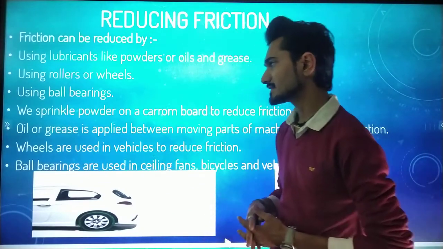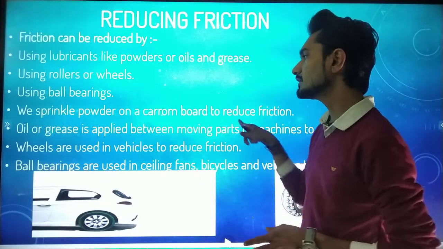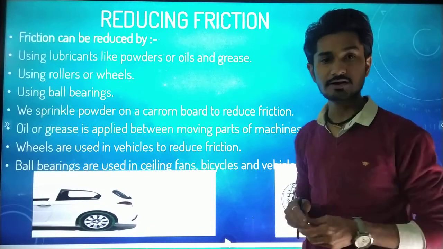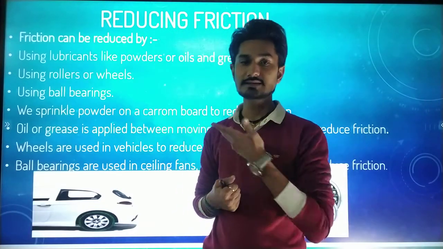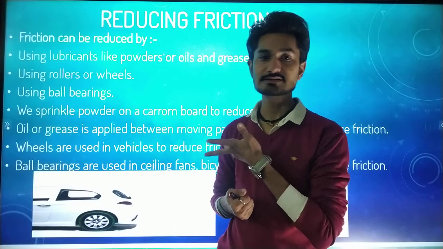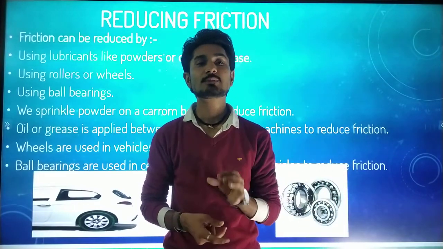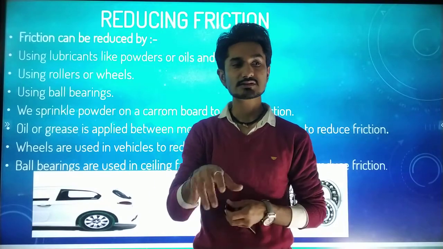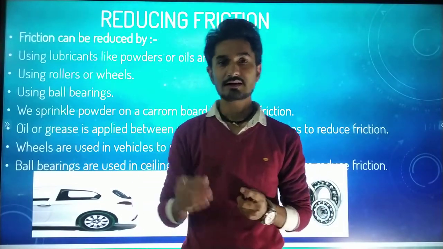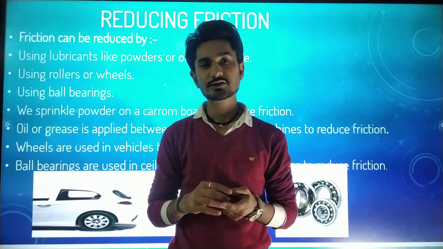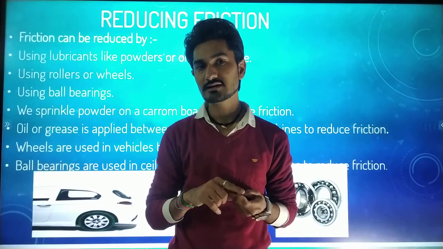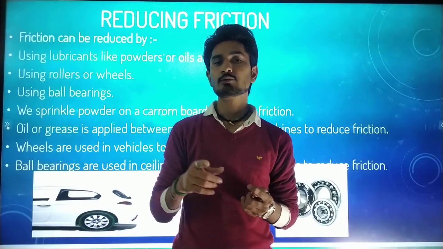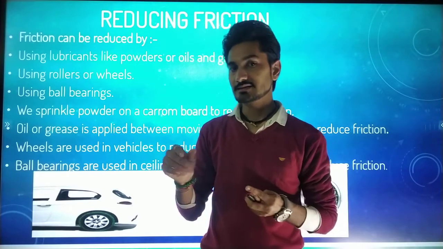Using ball bearings. If we sprinkle powder on the carom board, it will automatically reduce the friction. Whenever we are playing carom, we put powder onto the surface of the carom, and that will automatically reduce the friction.